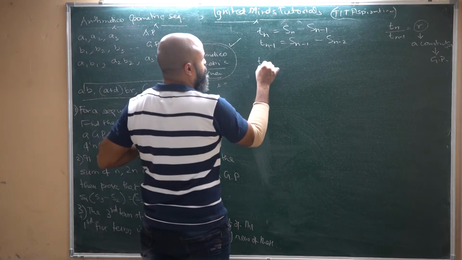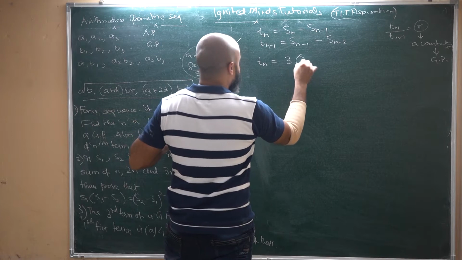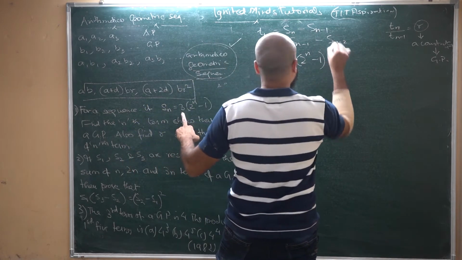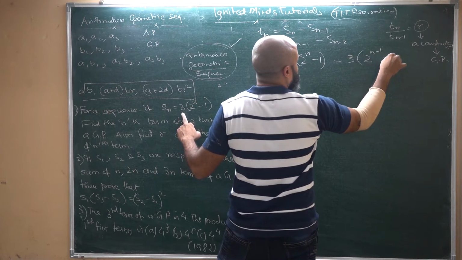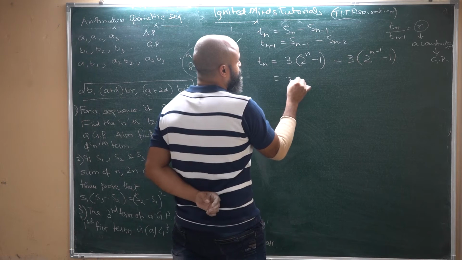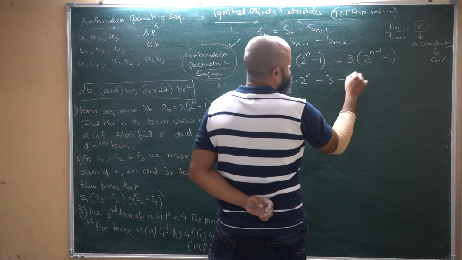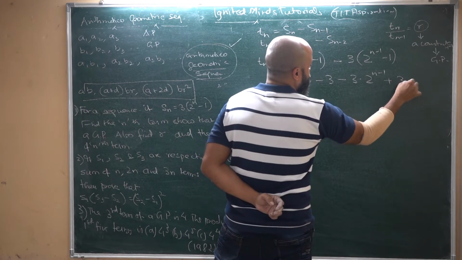So if we have to find out the nth term, we substitute 3(2^n - 1) for Sn, and for S(n-1) we substitute 3(2^(n-1) - 1). So this gives you 3 into 2^n minus 3 minus 3 into 2^(n-1), and this will be plus 3.